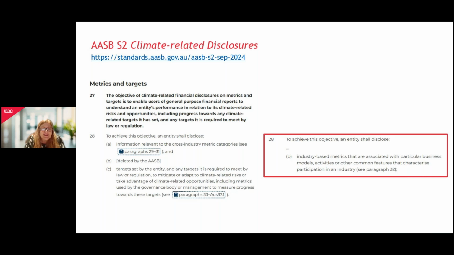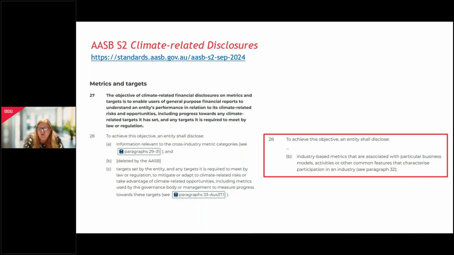So again, it links it back to your climate-related risks and opportunities. You've identified these risks and opportunities, and earlier you've disclosed what they are, but how are you tracking, and what's your progress? How are you monitoring these risks and opportunities?